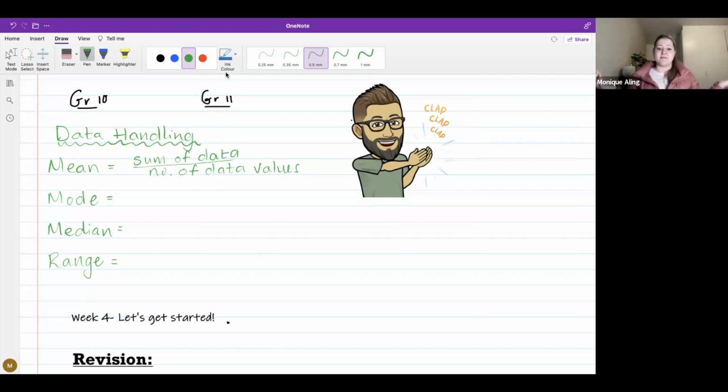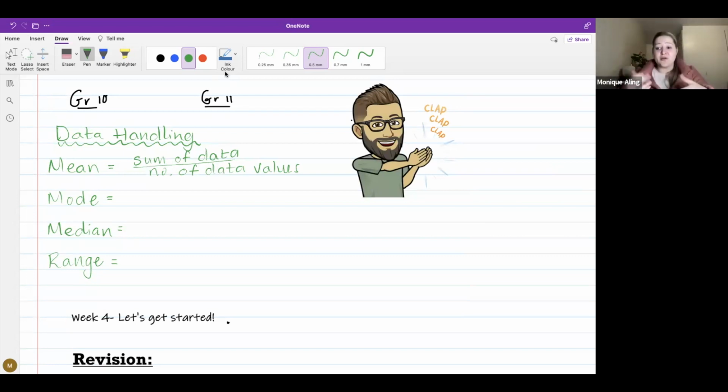Then mode. What is the mode? There we go. The number that appears the most or the most repeated number.